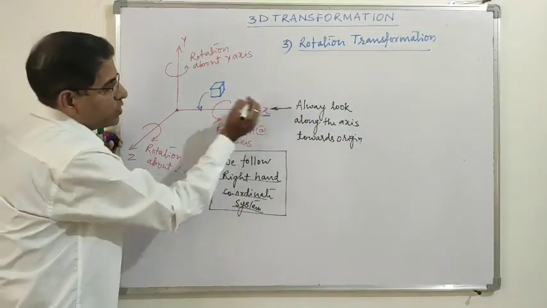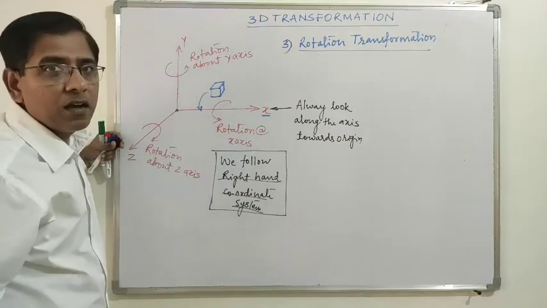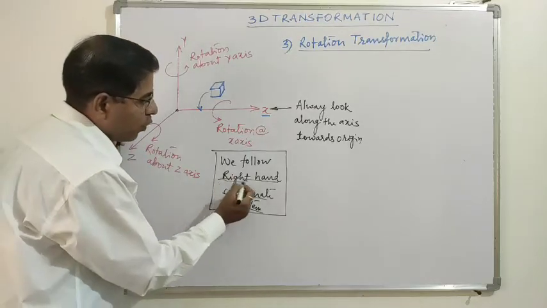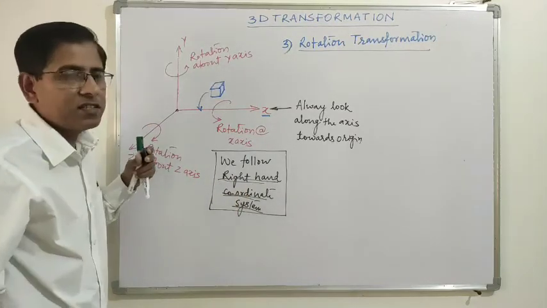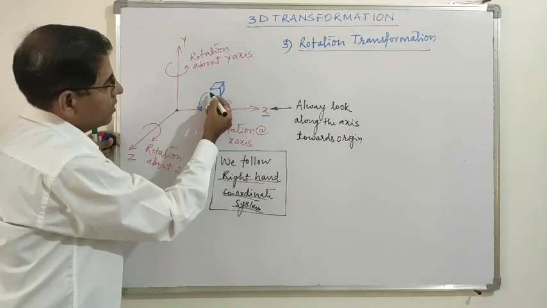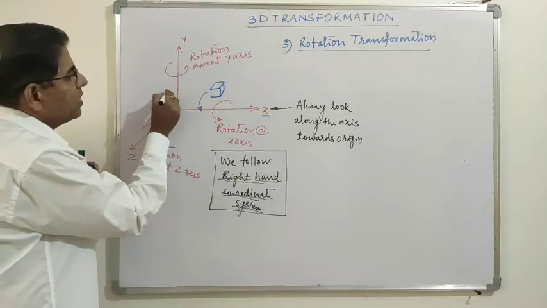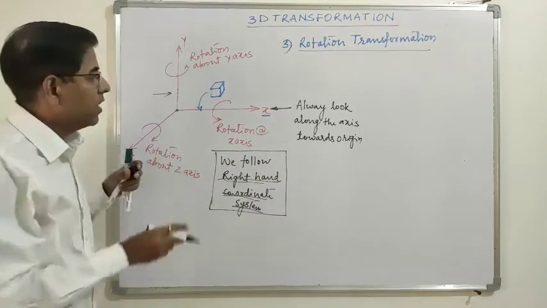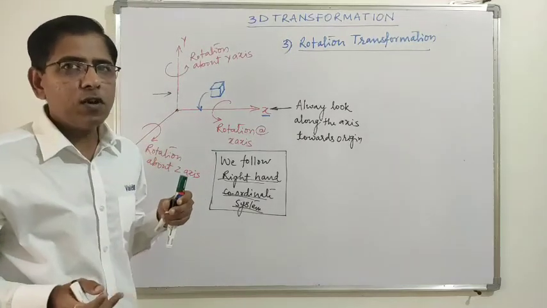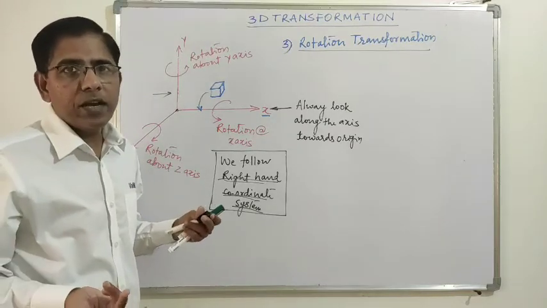So if you see this object, it is rotating anti-clockwise, because if you don't follow the right hand coordinate system, then if you see the object from the rear view, it looks like it is rotating in clockwise direction. So a lot of confusion may arise.